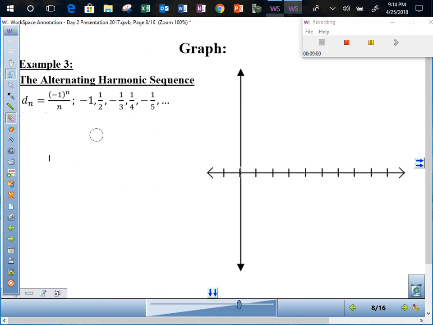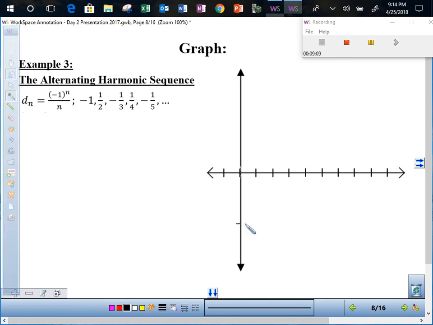Let's graph this and see what it looks like. So it looks like I need to cover negative 1. So let's come down here at negative 1. That means I'm going to come up here at 1. Now, the value of my first term is negative 1. Now, in a different color, I'm going to graph my second term. The value of my second term is 1/2.